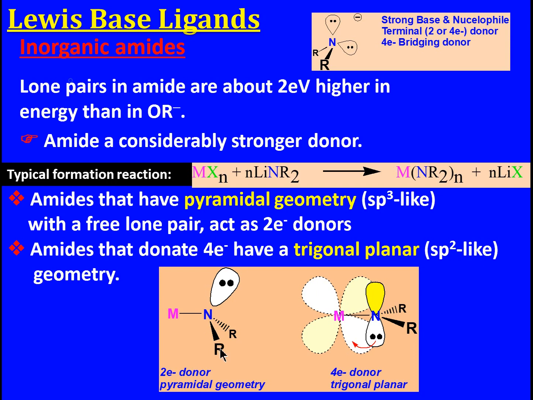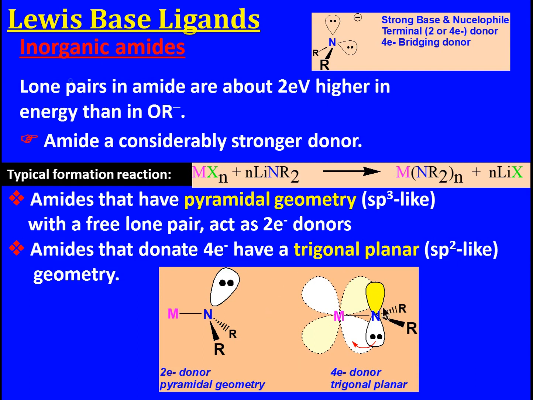But in general, the pyramidal geometry, M, N, R, or seen from the other side, lone pair, N, R, R, is the most common donation.